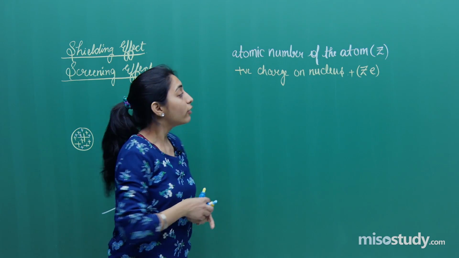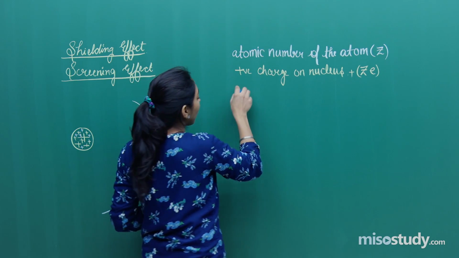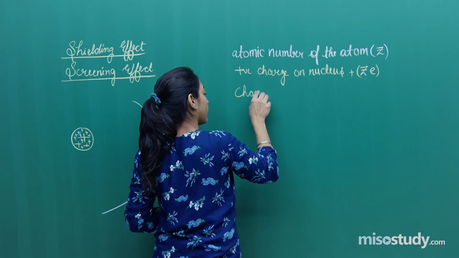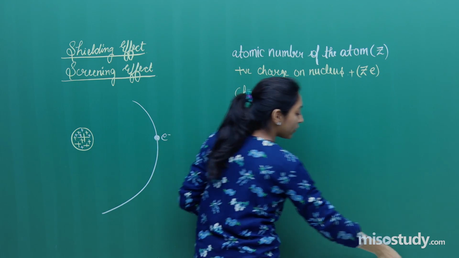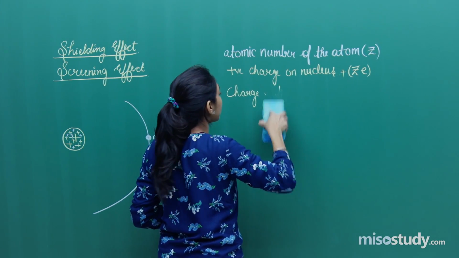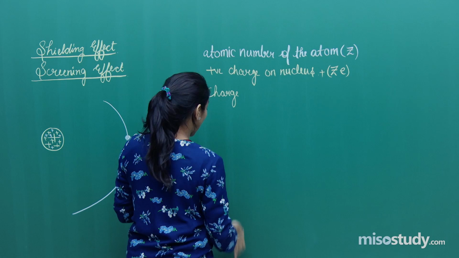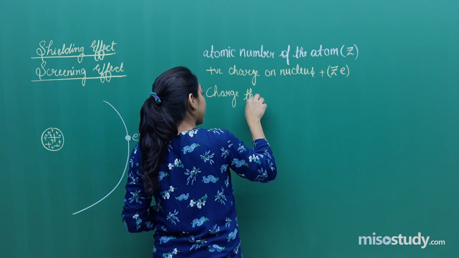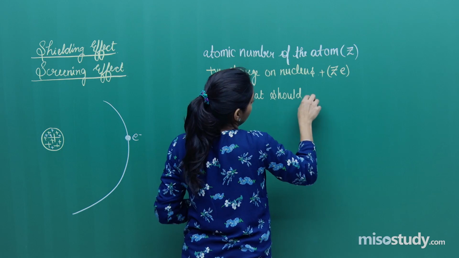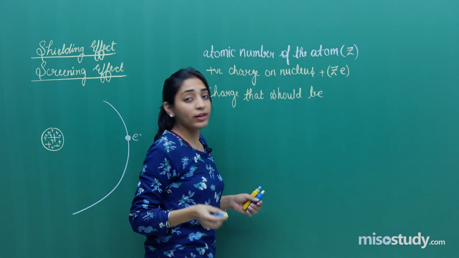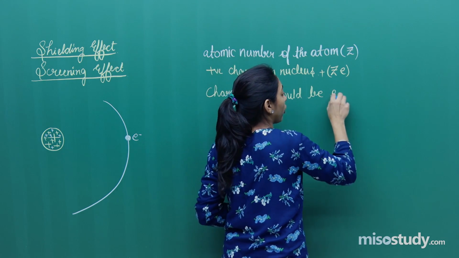Am I right? So now can you say what is the charge experienced? Instead, I should have written the charge that should be experienced by the outermost electron.